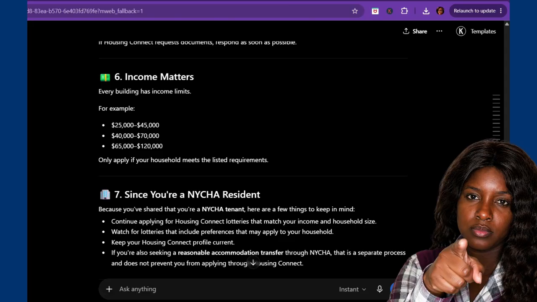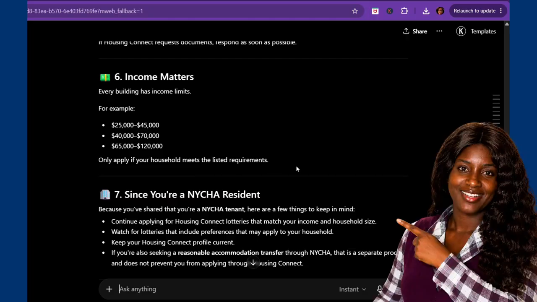Number 6, income matters. Every building has income limits. For example, $25,000 to $45,000, $40,000 to $70,000, $65,000 to $120,000. Only apply if your household meets the listed requirements.